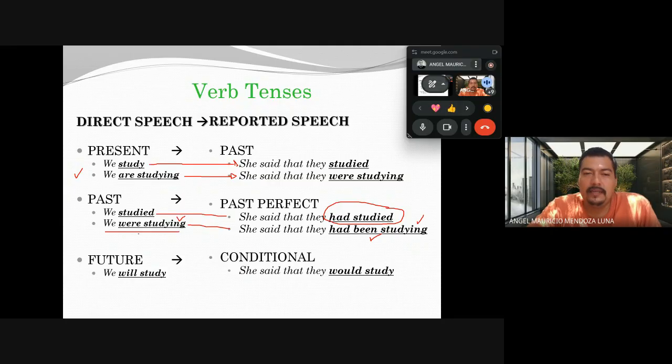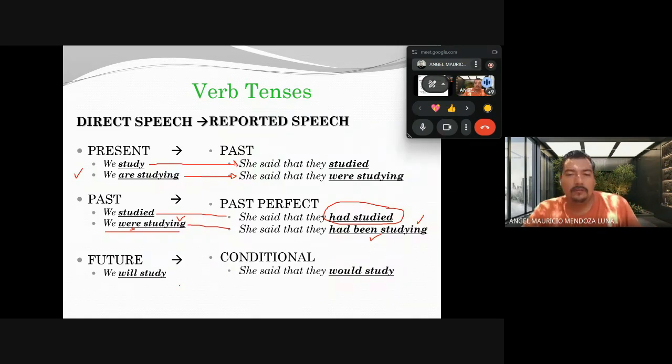The only thing that is going to change is the auxiliary. Here we have were, here we have had been, and keep the continuous tense.